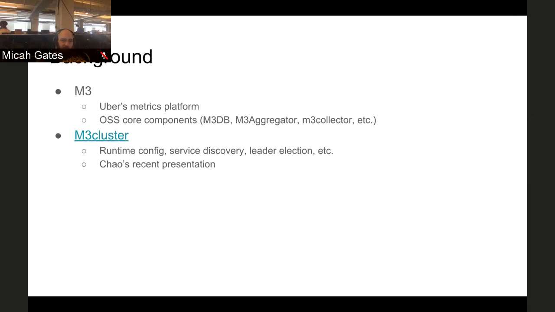It's a set of interfaces for those various uses. But the common thing is that our only implementation currently is backed by etcd, and we rely on it pretty heavily.